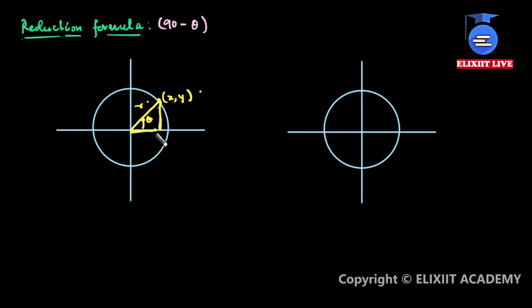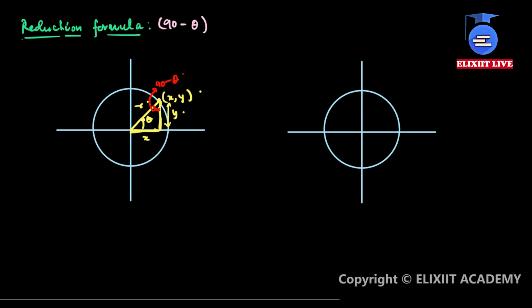You all know this much is x distance and this much is y distance, so that this particular coordinate makes up x comma y. Acha, if this is theta, then this angle is 90 minus theta, this being the 90 degree basically. So what is the concept actually over here? Suppose I draw the same diagram over here, imagine that I am drawing the same circle in a second diagram.